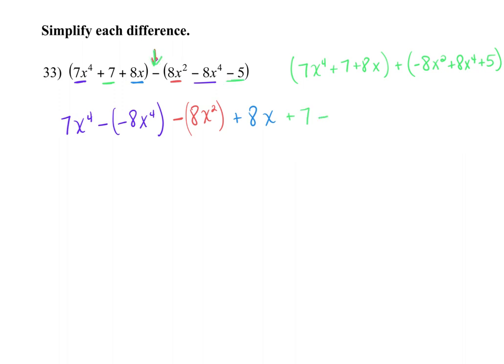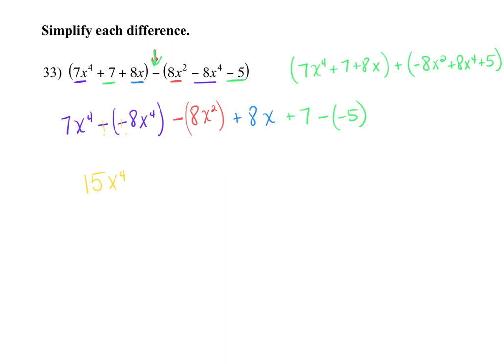minus a negative 5. So pay attention to your positives and negatives here. The biggest mistake I see on quizzes would have been this guy right here, because you don't see anything to combine it with and you don't realize you're subtracting him. Once I have this, I am going to combine my like terms. 7x minus a negative is plus a positive, so I have 15x to the 4th.